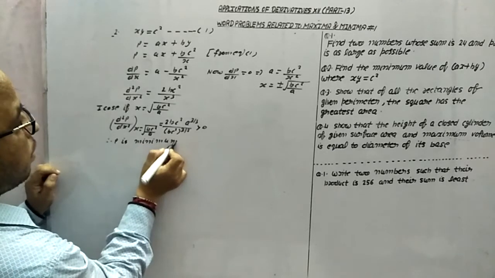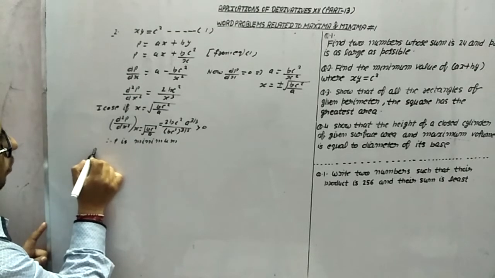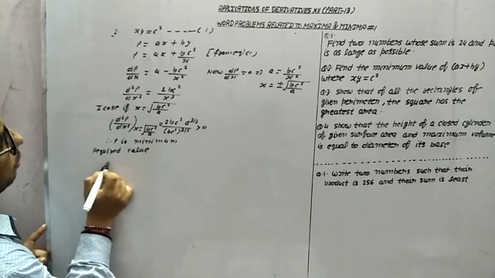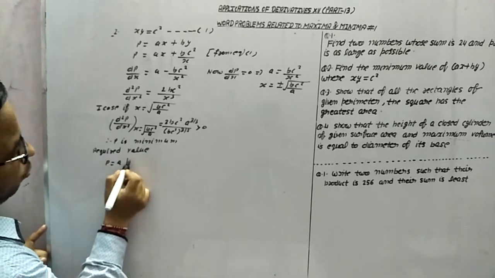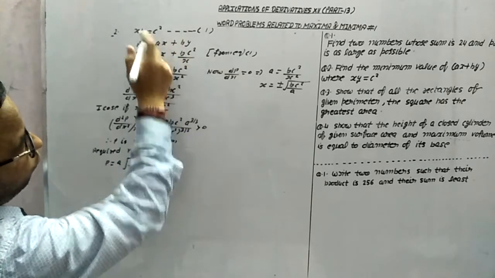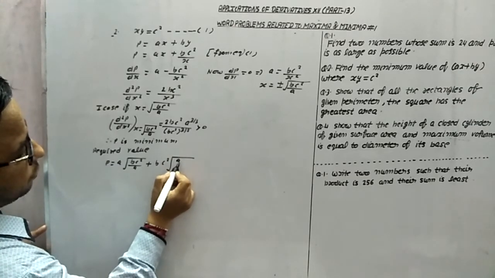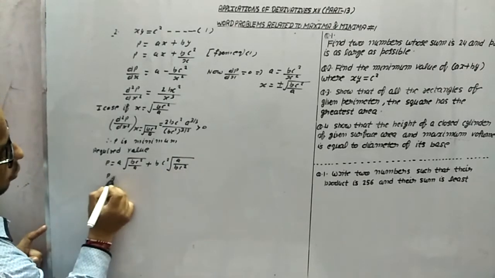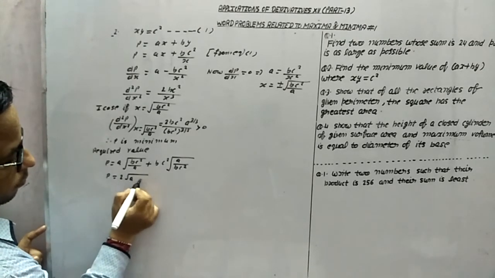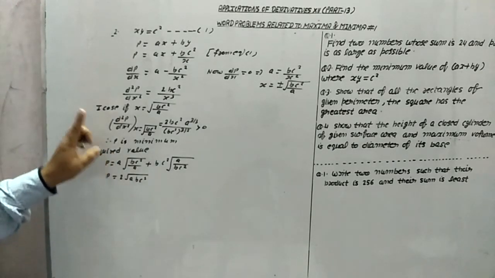So we are getting the minimum at this point. Therefore the required value: P is equal to a times x plus b times y, substituting x equal to under root bc square upon a and y equal to c square upon x, that is, under root a upon bc square. It means P is equal to 2 under root abc square. So this is the way to find the minimum value.